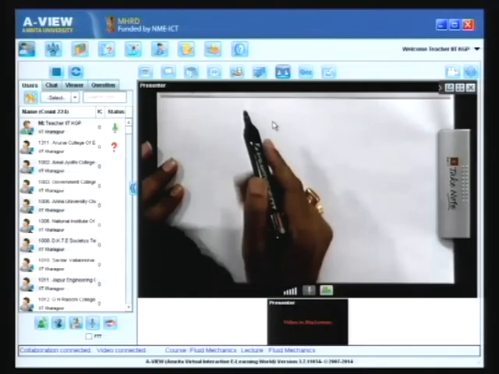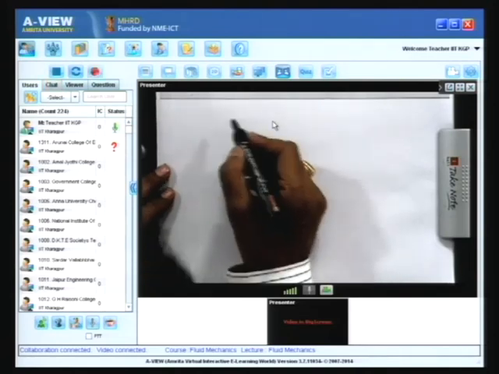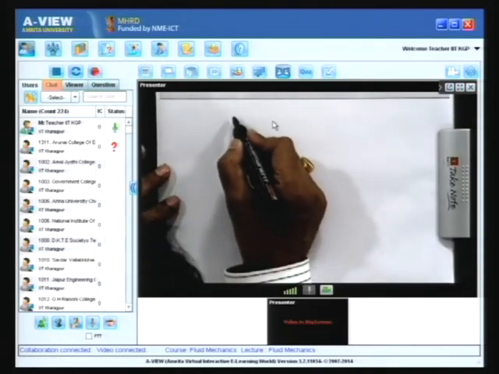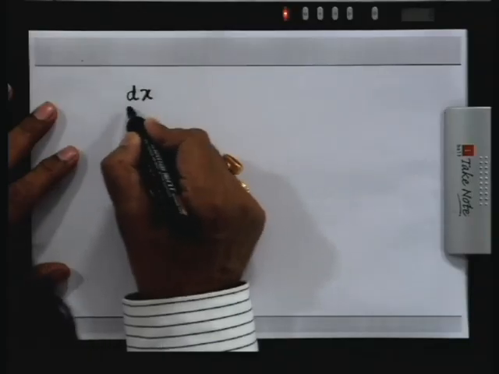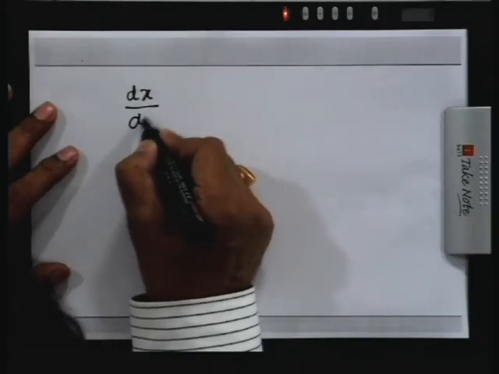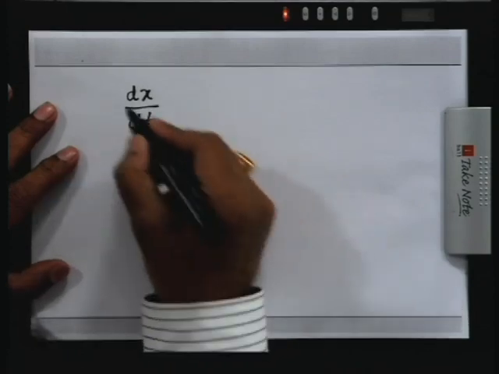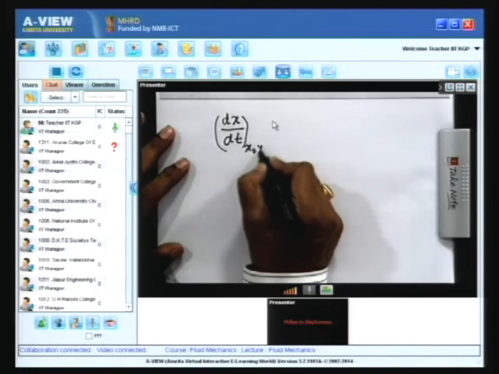Accordingly, we can find out the velocity also. For example, we know that x is a function of x0, y0, z0 and t. Similarly, we can differentiate dx/dt at x0, y0, z0.